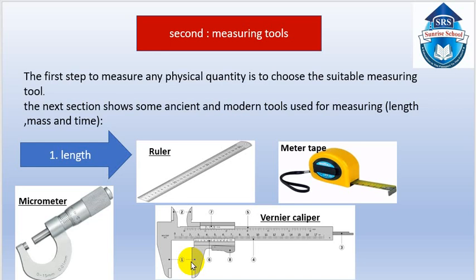The measuring tool used depends on the physical quantity to be measured. So the first step to measure any physical quantity is to choose the suitable measuring tool. In this section, we will show some ancient and modern tools used for measuring length, mass, and time.